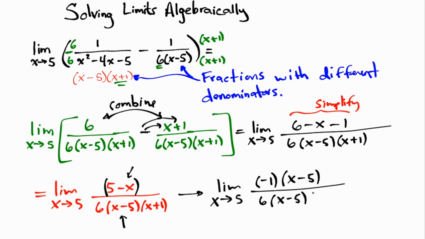And now we see we've got the x minus 5s to cancel. And we say, eureka, because that is what was causing our zeros to show up in our denominators. So if those cancel, now let's plug the 5 in, and we get a negative 1 over 6 times, when we plug 5 into here, that gives us another 6. So the limit is negative 1 over 36.